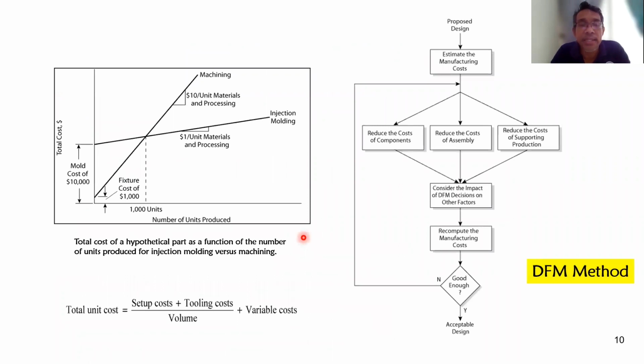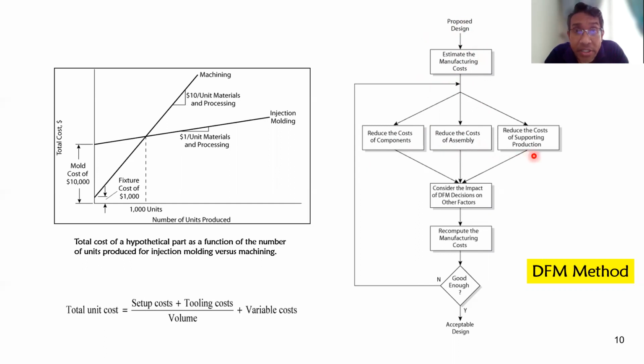Before we go there, I need to explain more on this DFM method by cost estimation. When we have a proposed design, we need to estimate cost by these three sections. Number one, reduce the cost of components. Number two, reduce the cost of assembly.